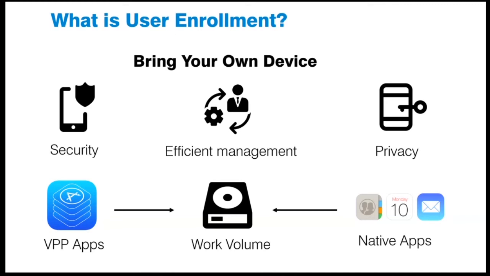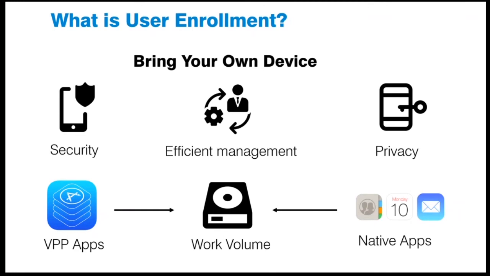as can be. When enrolling in user enrollment, a separate work volume will be created on your device, which is a big difference to the device enrollment we already have with Apple. So it creates a separate work volume where the VPP apps, volume purchase program apps, will be installed. Also in-house apps, third-party apps, and also the native apps from Apple.